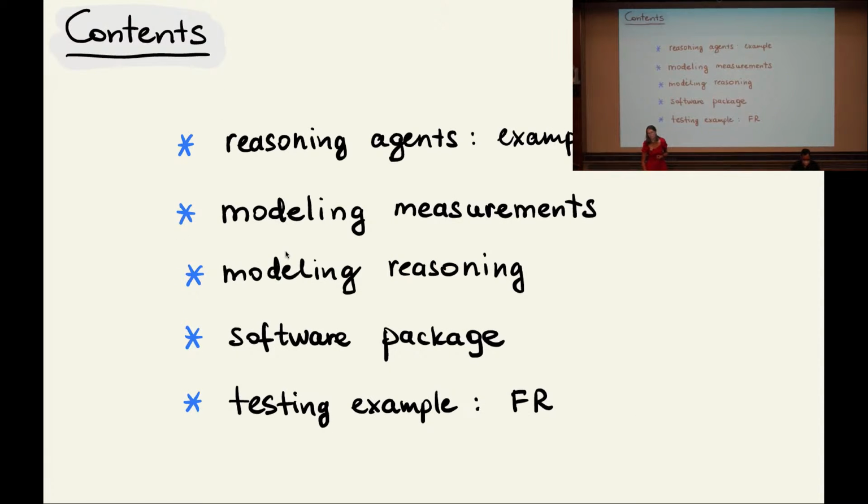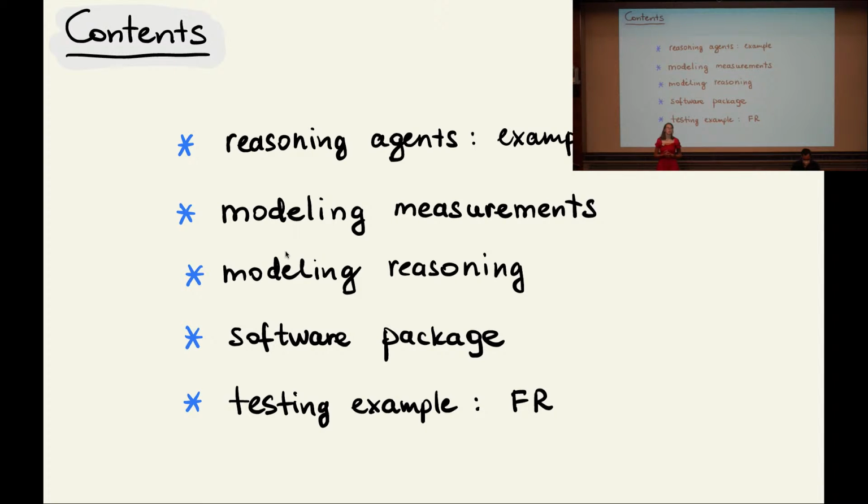Okay, so you've just seen an example of a reasoning agent in a classical setting, and now I will give you an example of a reasoning agent in a more quantum scenario. Then we'll see how one can model measurements and model reasoning when we model agents within quantum theory, and in particular model agents as a set of qubits on a quantum computer.